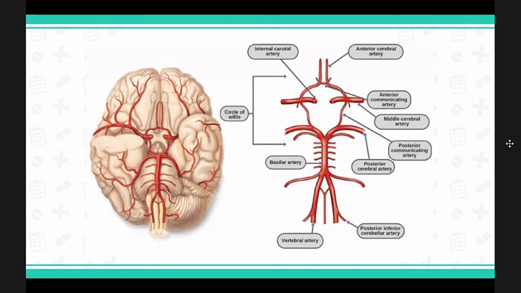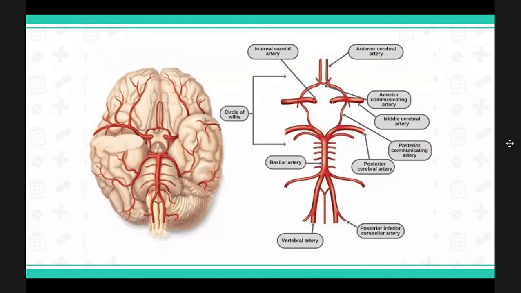Some important features, for example, if the left middle cerebral artery is affected, it would affect the patient more as compared to the right middle cerebral artery, because diba yung Broca's area at saka yung Wernicke's area is on the left hemisphere, and so if the left is affected, then parang the patient will be demented.